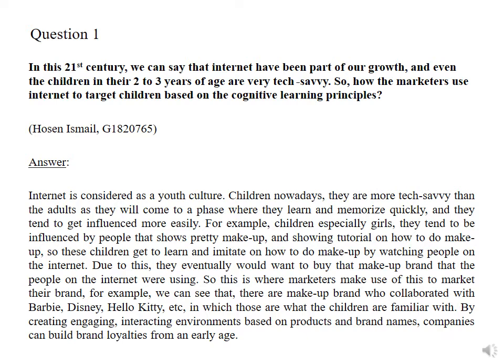So these children get to learn and imitate how to do makeup by watching people on the internet. Due to this, they eventually would want to buy the makeup brand that the people on the internet were using, because they have associated this makeup with being pretty. So this is where marketers make use of this to market their brand and to target the children.